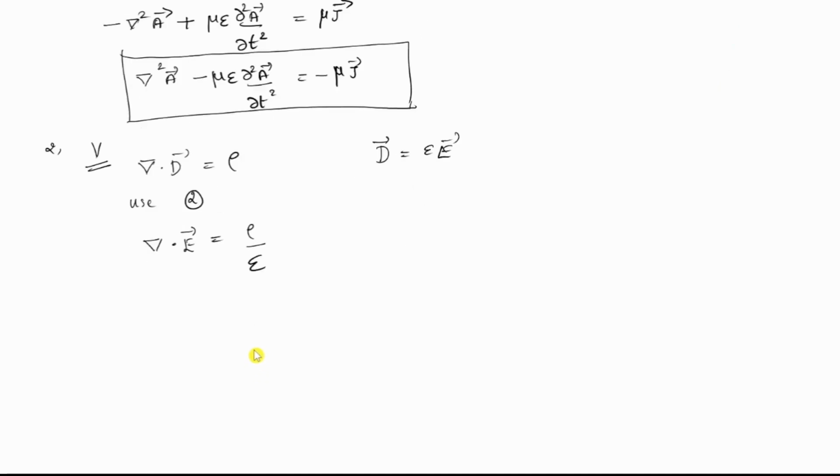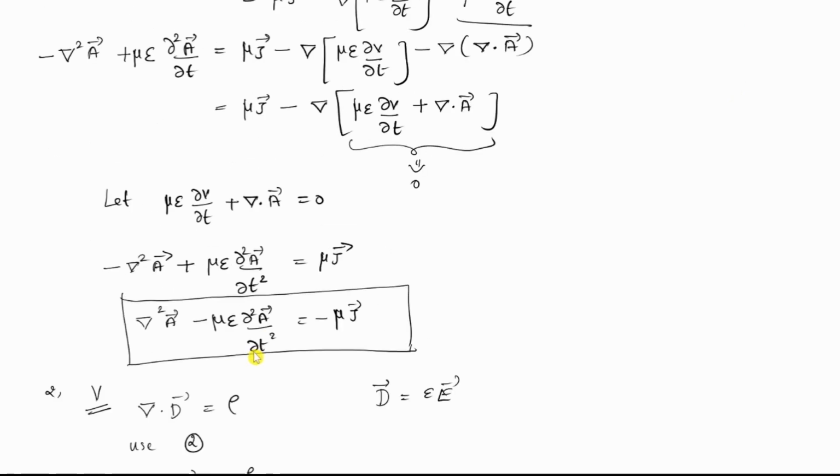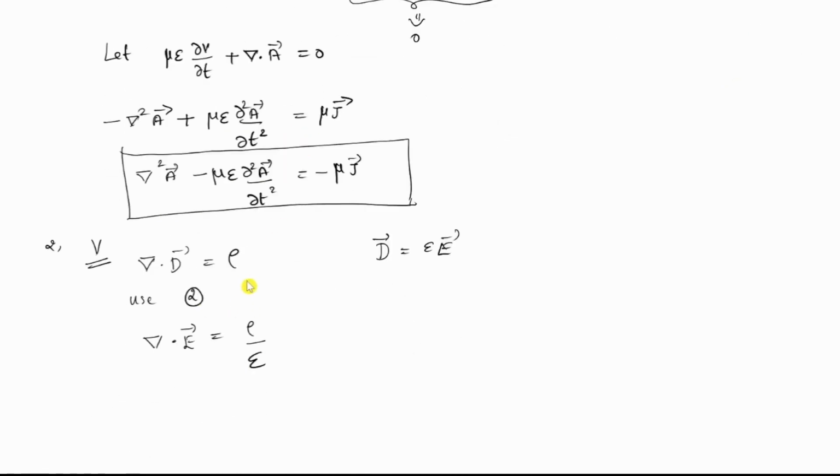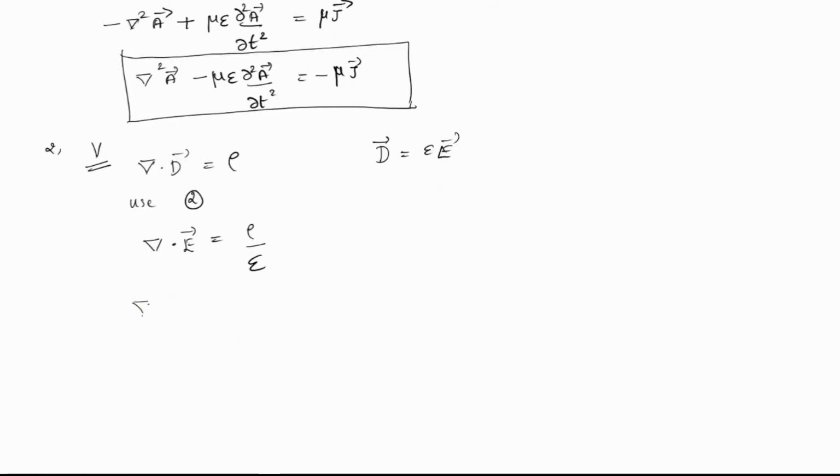In this equation, we use equation number 2 that we found previously, that is minus del V minus dou A by dou T. So substitute here del dot of minus del V minus dou A by dou T, that is equal to rho by epsilon.